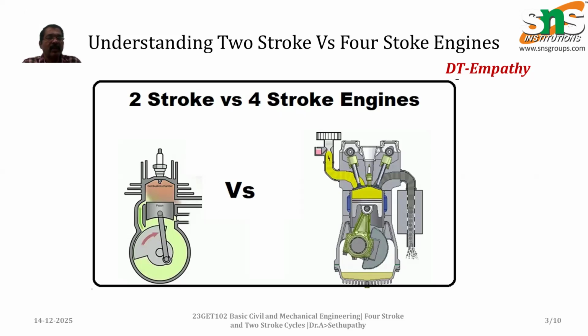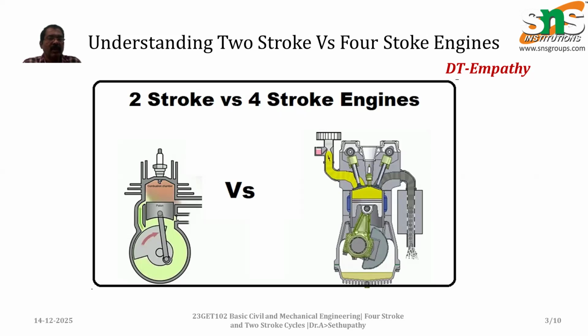The piston goes from top end to bottom end. After that, the piston moves from bottom to top, and the burned exhaust gas is sent through the outlet port. At that time, the outlet port opens due to the camshaft rotation. So the piston moves from top to bottom, then again bottom to top.